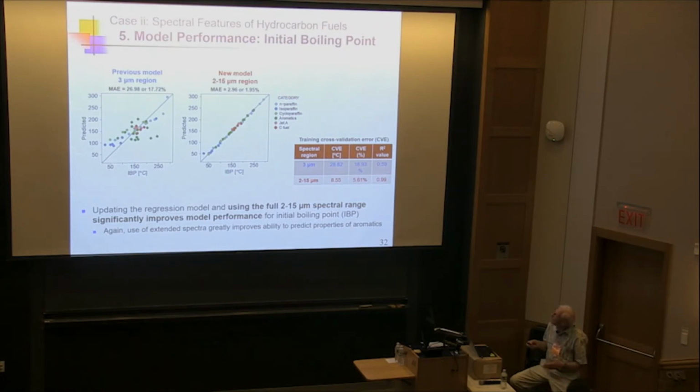So basically what we're learning is that if we're willing to use the entire spectrum from 2 to 15 microns, here's our category. We have a training set that we keep getting bigger and bigger. So we have some known paraffins, isoparaffins, cycloparaffins, and then we have some real fuels for which we know the properties. And we measure the spectrum. So it's a measure of how well we are going to be able to predict these parameters.